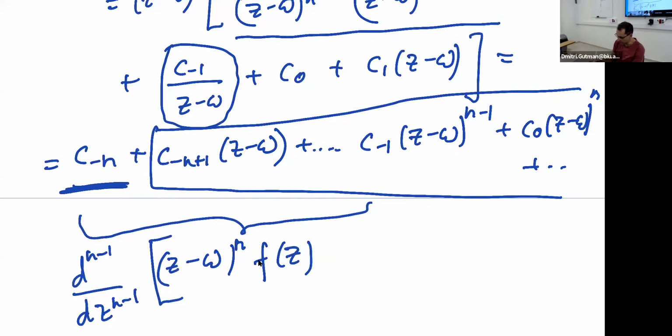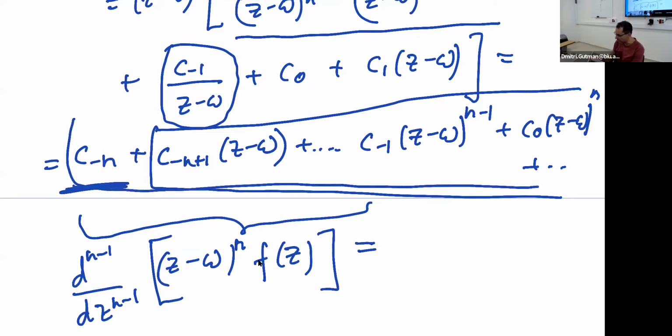So that was our expression. That's the expression above. And now differentiated n minus 1 times. So what do I get? So just differentiate this thing n minus 1 times with respect to z.